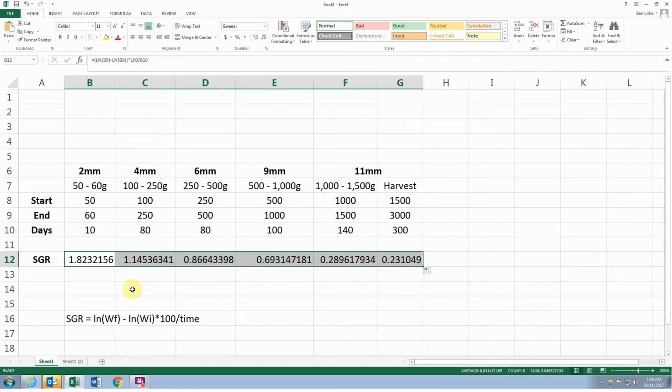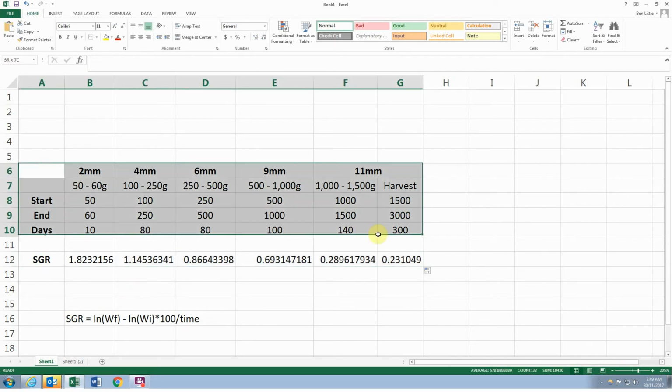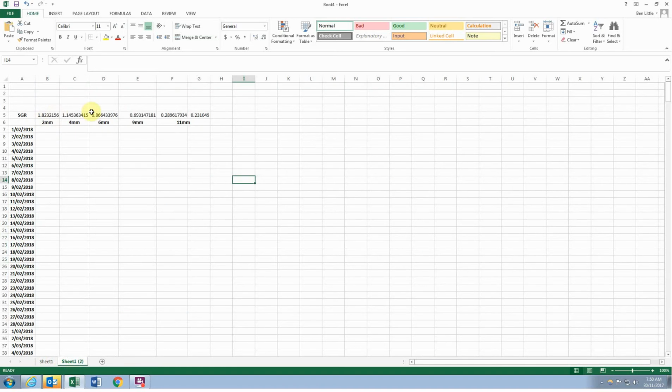Now what we want to do is to shift over to another spreadsheet where I'm going to predict what our feed schedule might look like at the other end in terms of the volumes of fish and so on and so forth. So realistically, what we want to do is to link our sheets. So over here I've brought it across, and I've put my SGRs at the top for these fish, or for these brackets of time, whatever it might be.